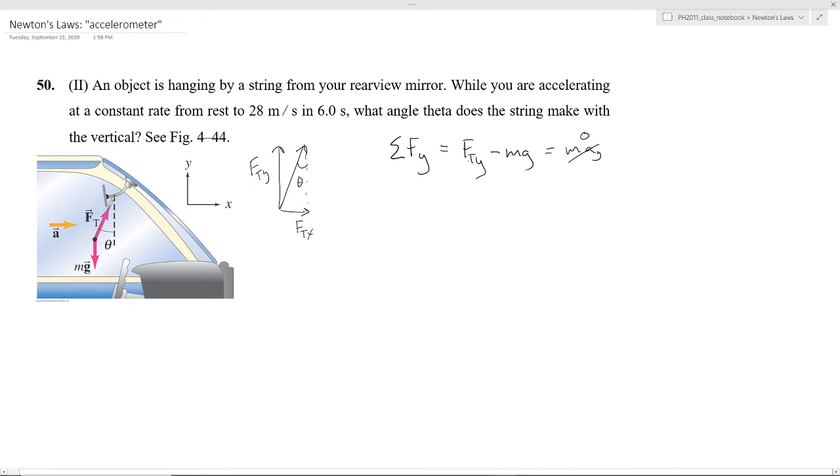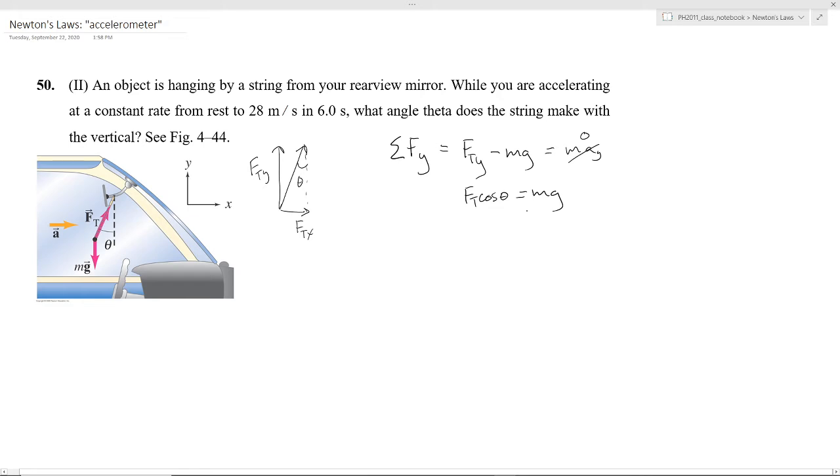And we can be a little more specific about what these FTY and FTX components are. So FTY, you can see according to this picture, will be the part that's adjacent to the angle. So this is actually the cosine. So this would be FT cosine theta, and then this will be equal to mg.